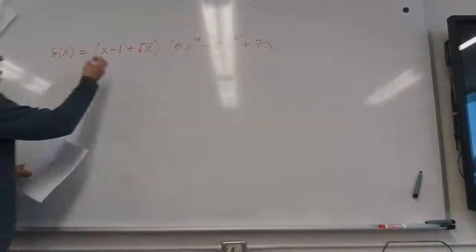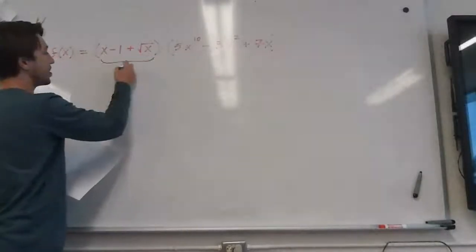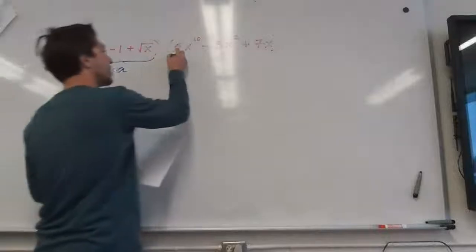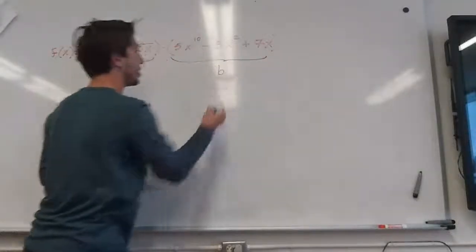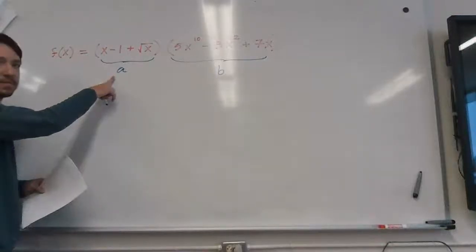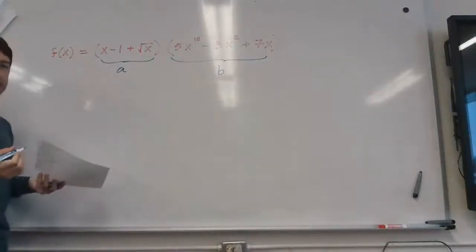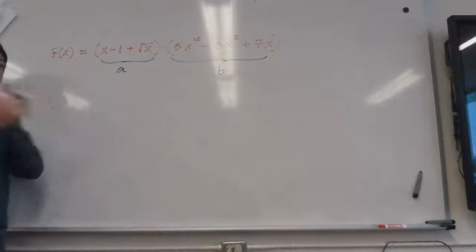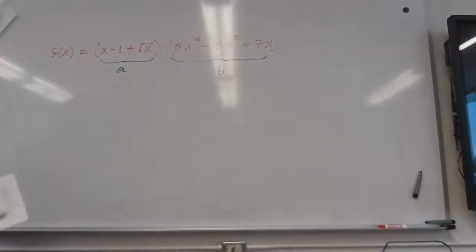All right. So this is the A. This is the B. Could I have called this the A and this the B? Yeah. Sure. Multiplication is commutative, meaning you can swap them, so it doesn't matter.